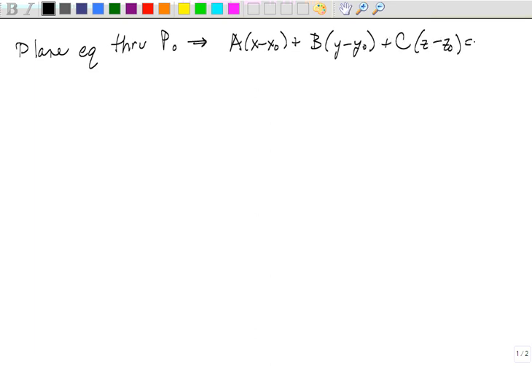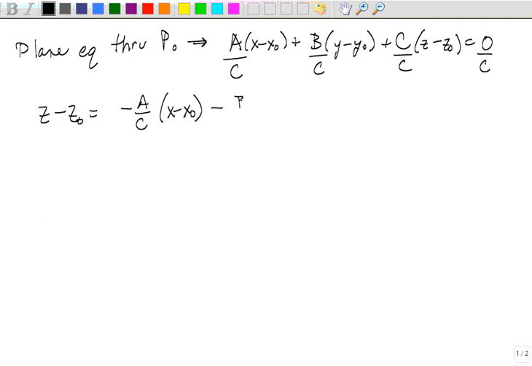The plane equation through P0 is represented by A(x minus x0) plus B(y minus y0) plus C(z minus z0) equals 0. And we're going to divide everything by C. And we get z minus z0 equals minus A over C times (x minus x0) minus B over C times (y minus y0).